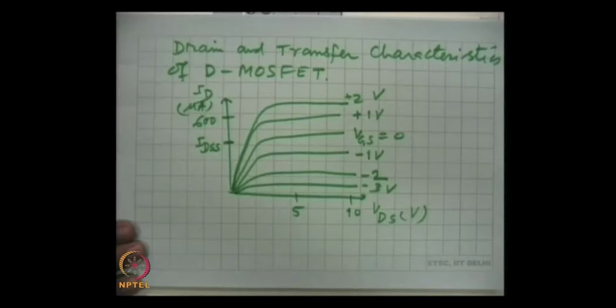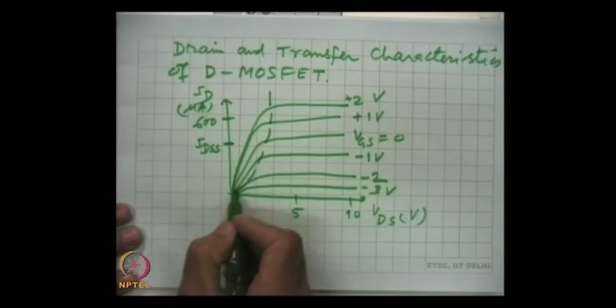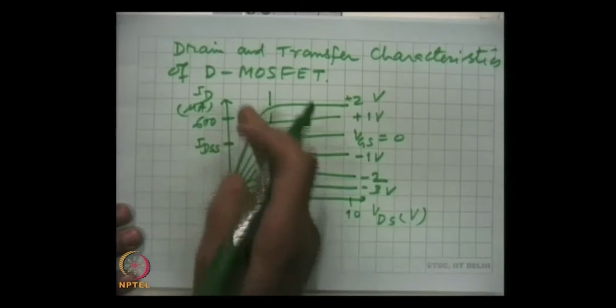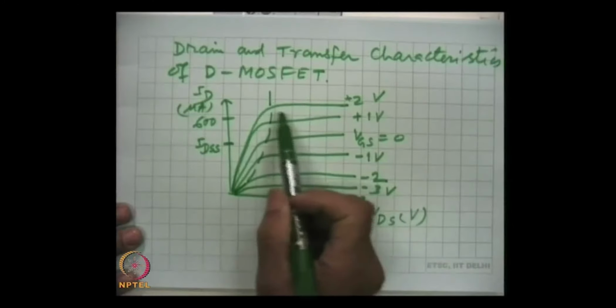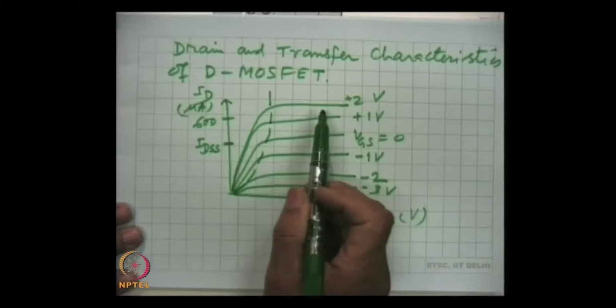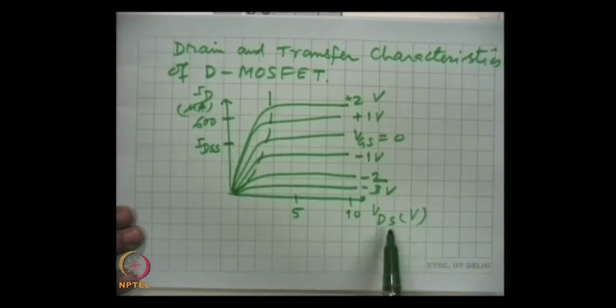Now, again the characteristics can be divided into 3 regions. This is the locus of the point from where a kind of pinch off occurs, and the drain current shows almost independence with the VDS.